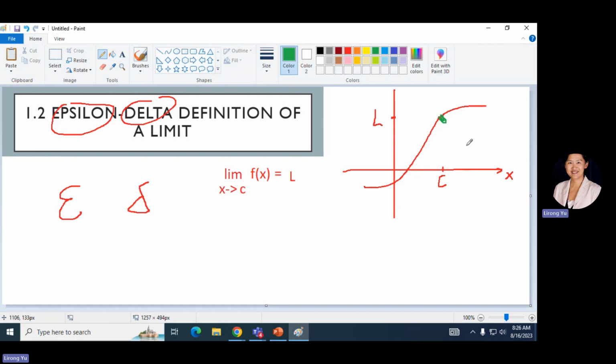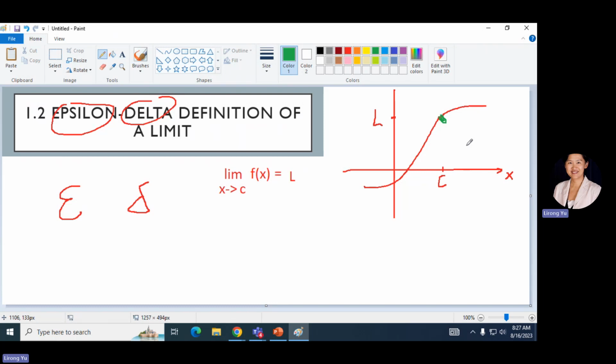So now we want to be able to quantify the phenomenon of approaching a limit, which is the same as the informal definition. In mathematics, we try to get everything solid. We want to be able to put a number to it. So of these two numbers, delta describes the distance between x and c. A lot of times you see how close x and c are. Now x can be here or here. When x is close to c, then the distance between x and c will be really small.